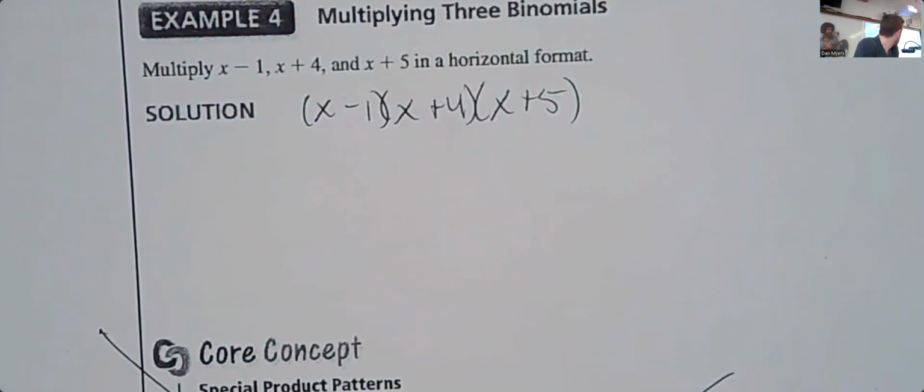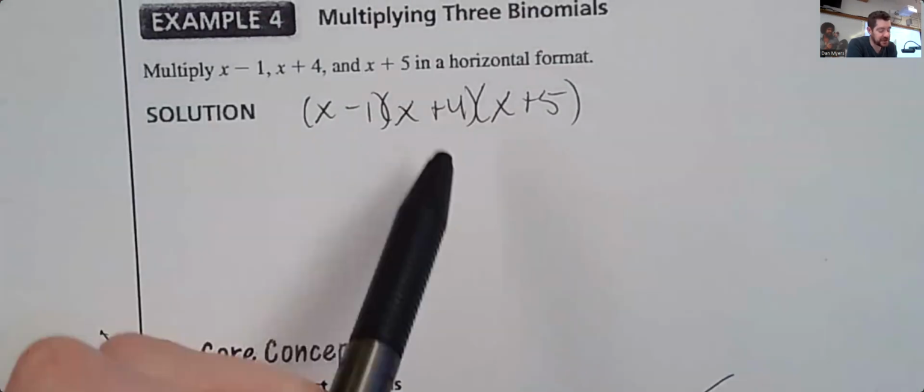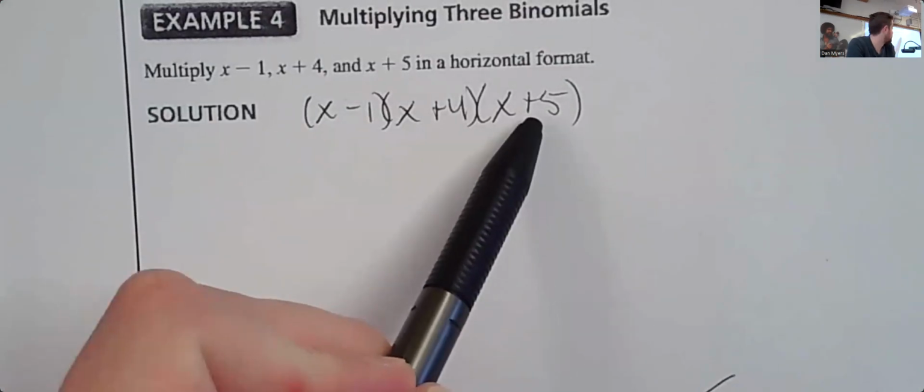So what we're going to do is FOIL out two of the three, combine like terms, get a trinomial, and then multiply the remaining binomial by the trinomial that we just formed. If I was going to do this one on my own, I would probably start with the x plus 4 times the x plus 5 in terms of FOILing.